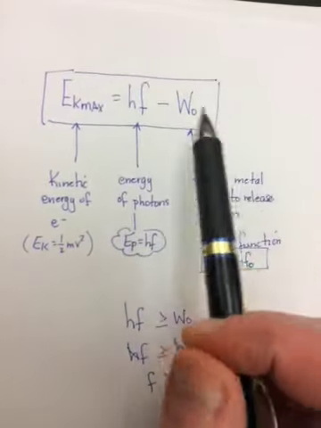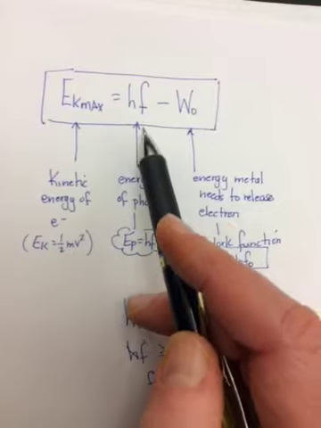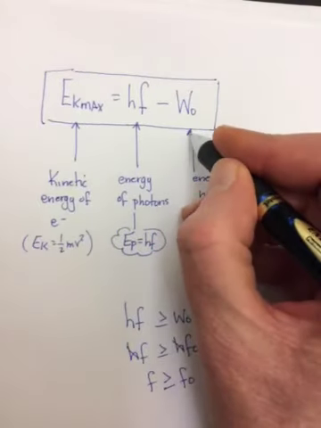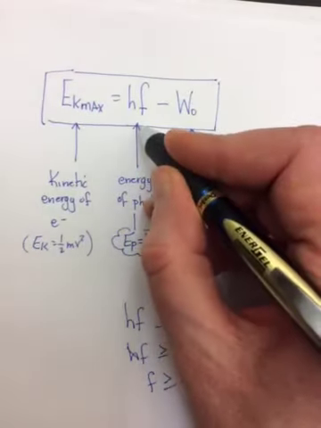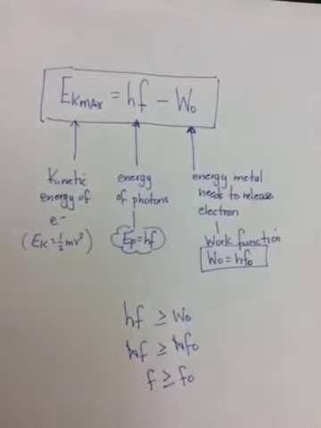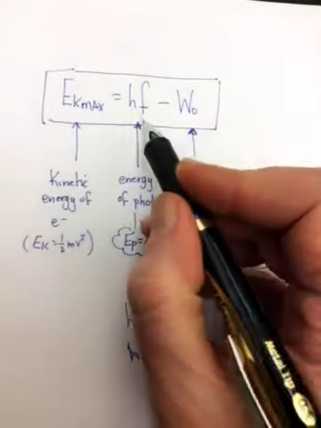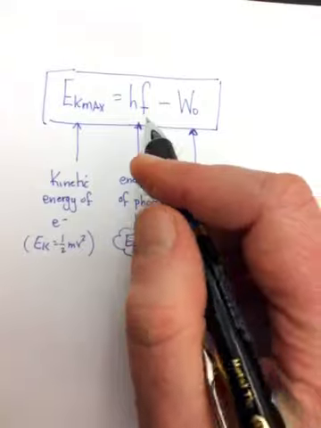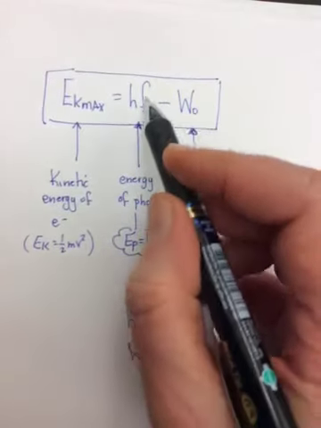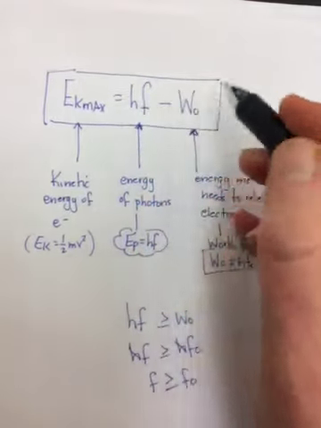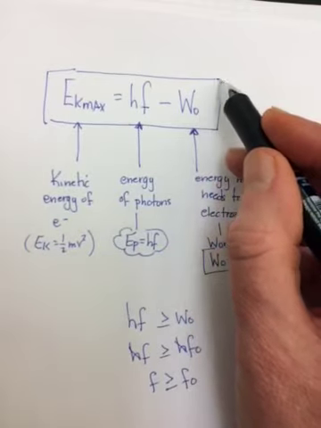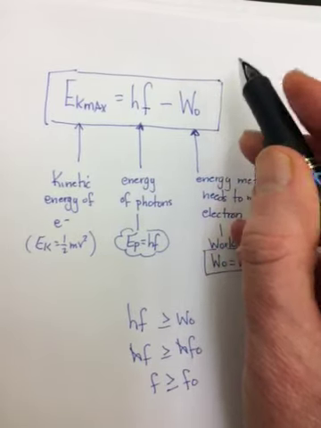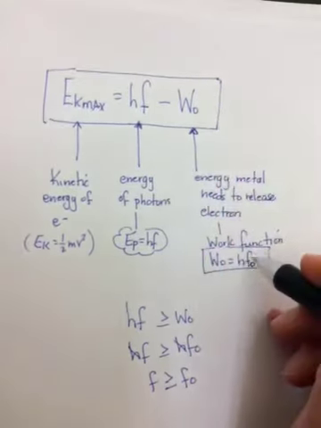Sometimes I use the analogy of, imagine that you're stuck in your house, your parents won't let you go anywhere, you have a miserable life, but you have a rich aunt, and the rich aunt says, well, how about if I send you money so you can move out? So this is the HF they're going to send you, but your parents say, well, you need to give us some money to let you go. So they're setting a work function.